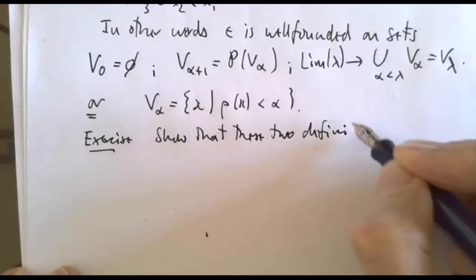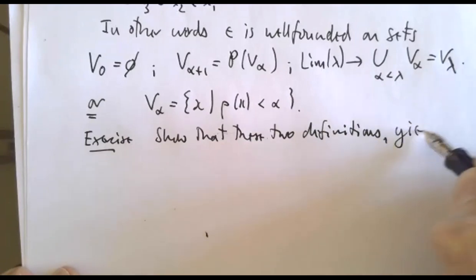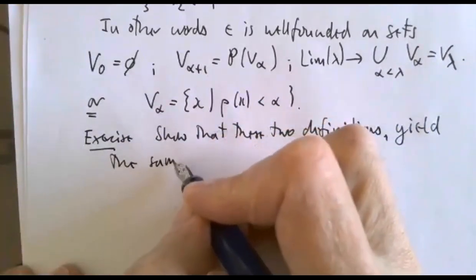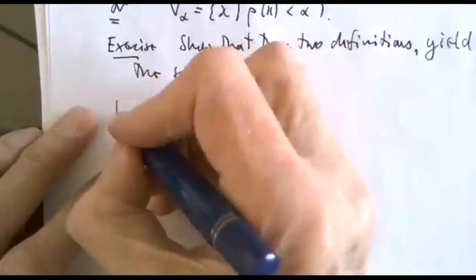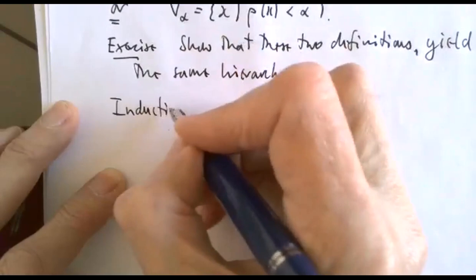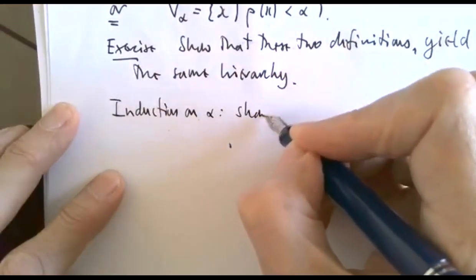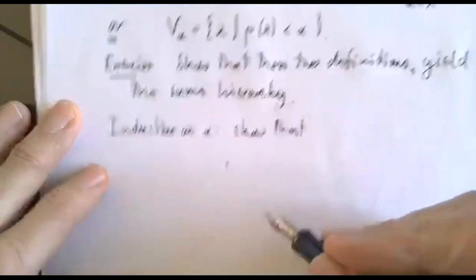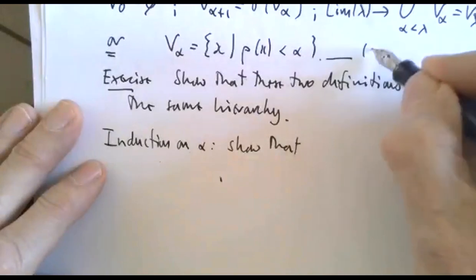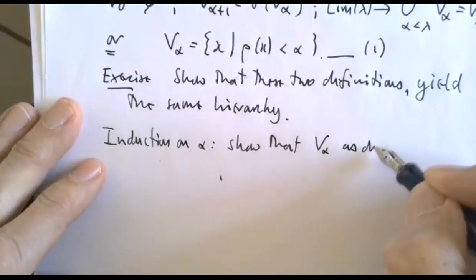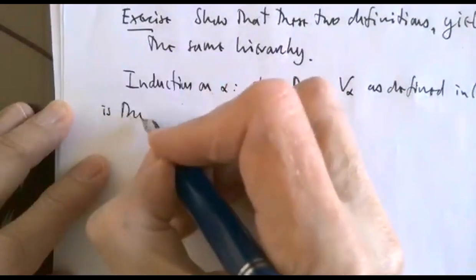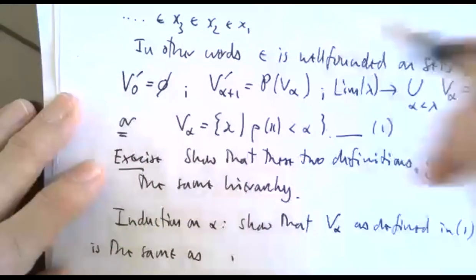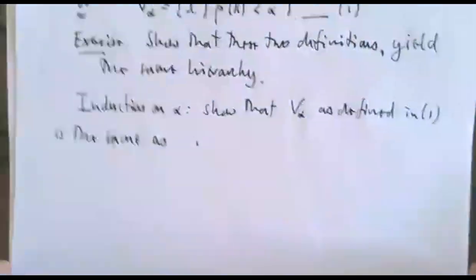So what you do is an induction on alpha to show that, let's say, V alpha is defined here in 1, as the same as these V primes here, as defined in 2.